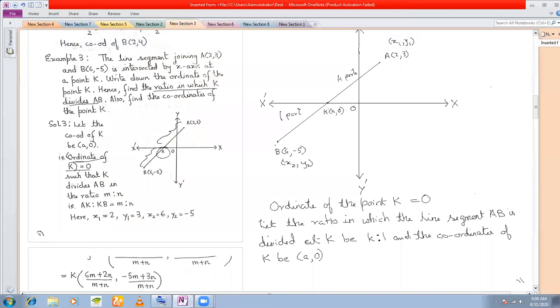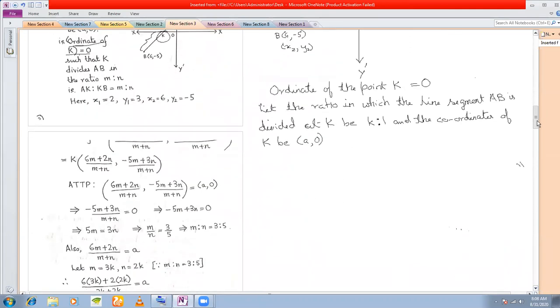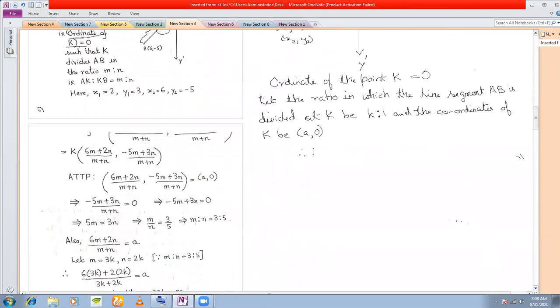If the ratio is k is to 1, therefore k parts must lie here and one part must lie on the other side. That is, AK is k parts and KB is one part. So therefore I write the ratio AK is to KB is equal to k is to 1.